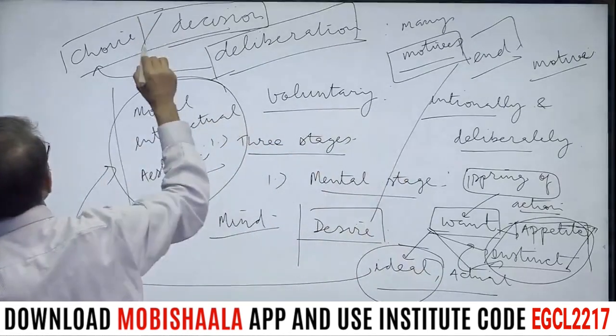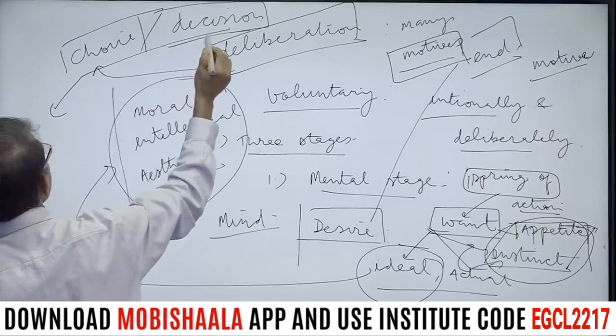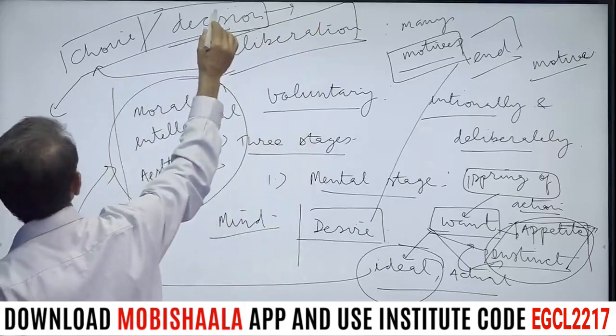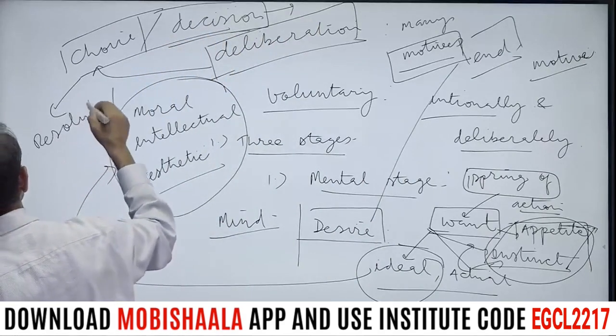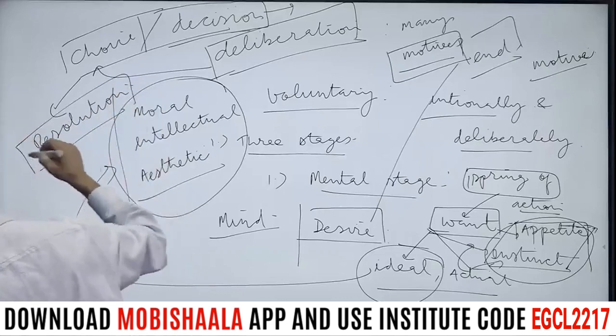Now he has reached a choice. Once he has reached choice, if he takes immediate decision, then he goes to action. And if he doesn't take immediate decision, then he goes to resolution. Then there is room for resolution, that he will work on it later.